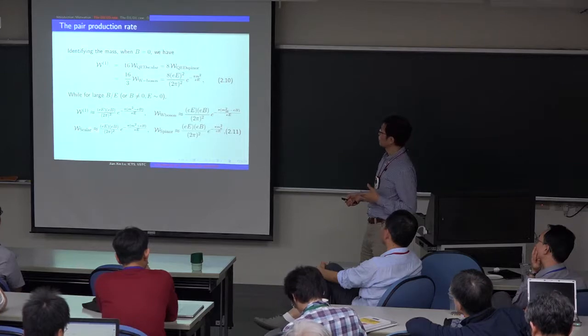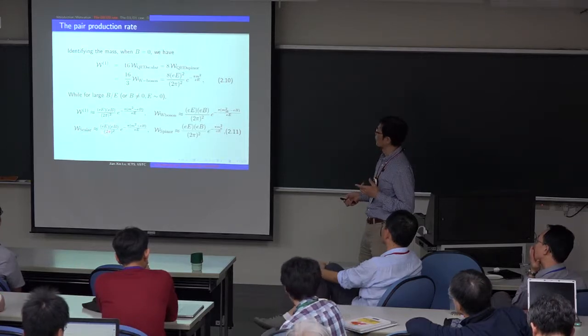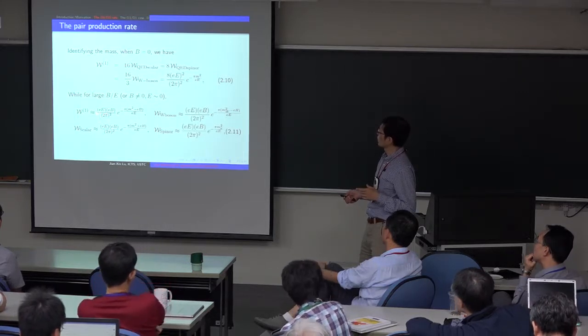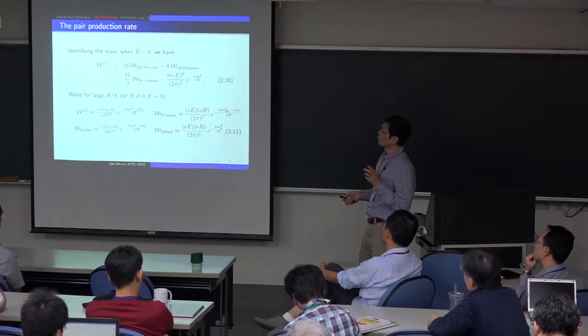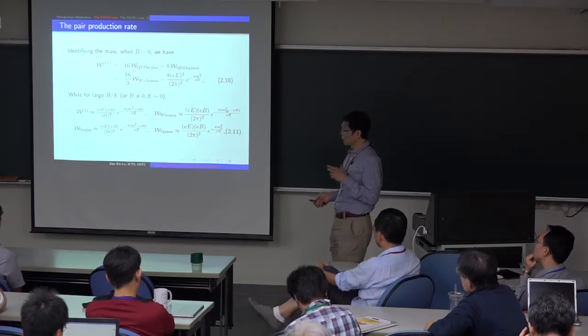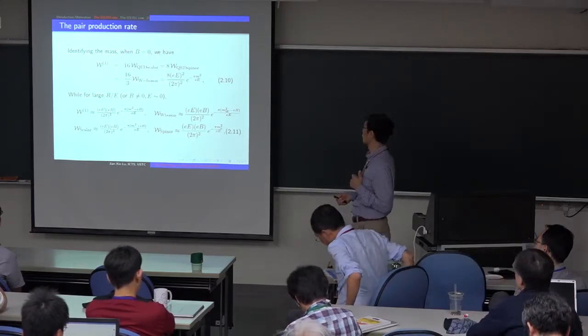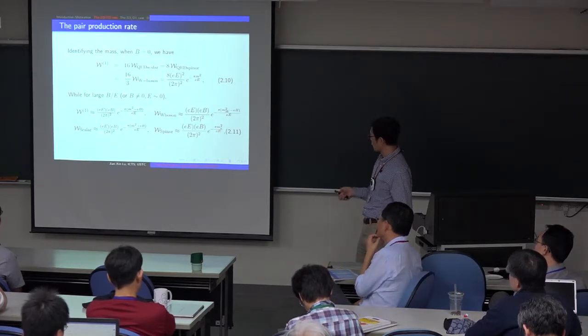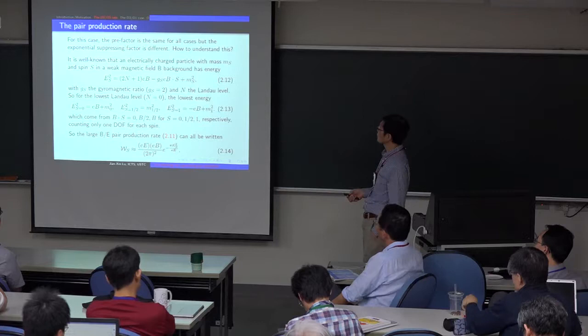That implies that for the scalar we only count one pair of degrees of freedom of charge and anti-charge. So for all the others, the contribution of the degrees of freedom to the rate should also be the same as the scalar. We're going to explain in a second.